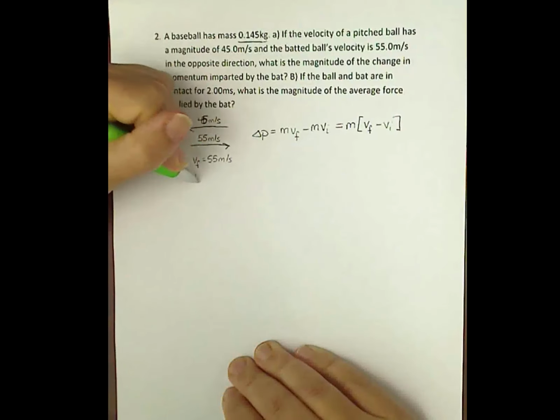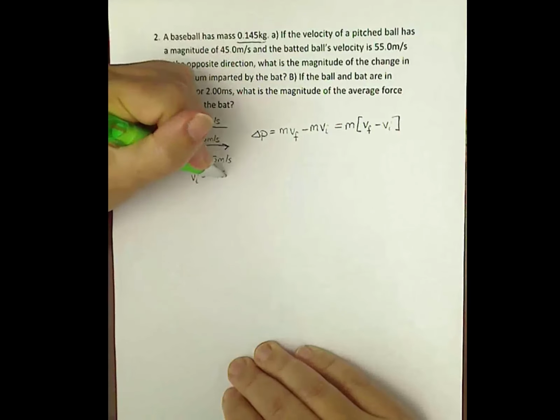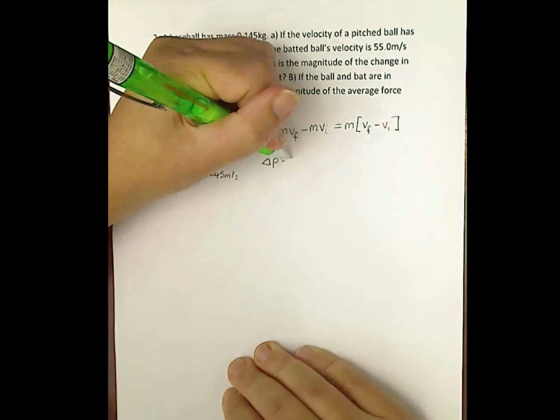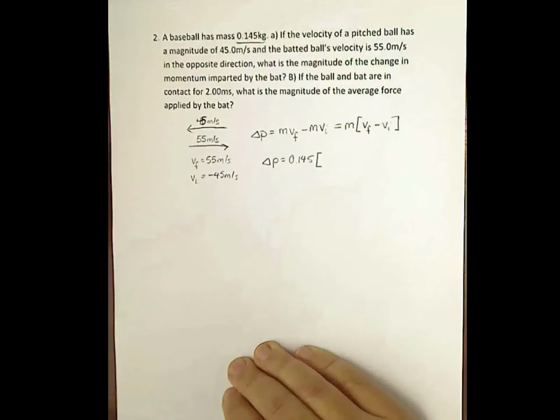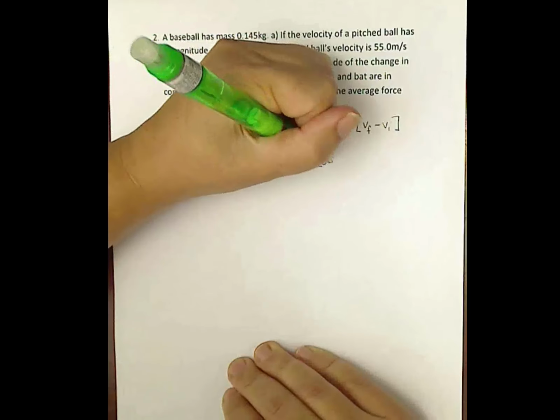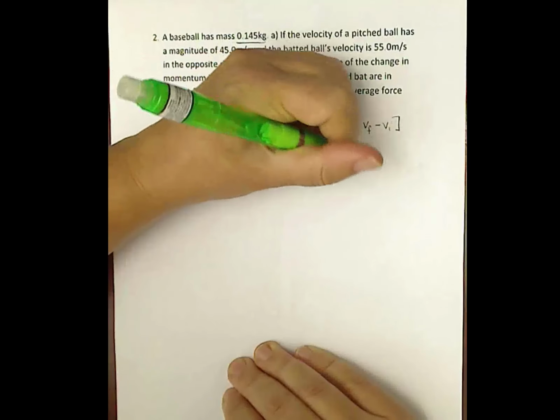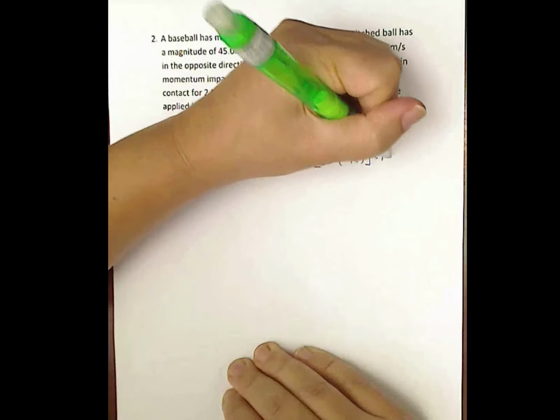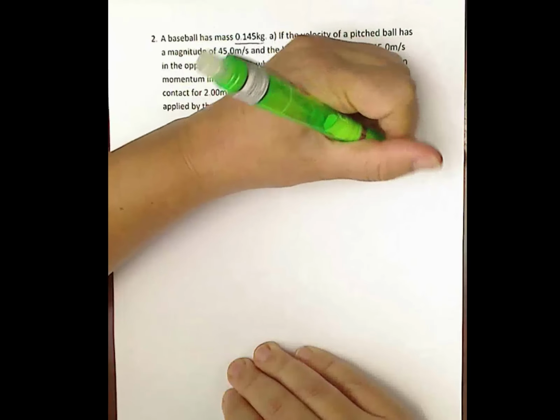V initial is going to the left, so I've got to write that as minus 45 meters per second. So my change in momentum is my mass, 0.145 kilograms, times 55 minus negative 45. That adds up to 100. So I get 14.5 kilogram meters per second as my change in momentum.